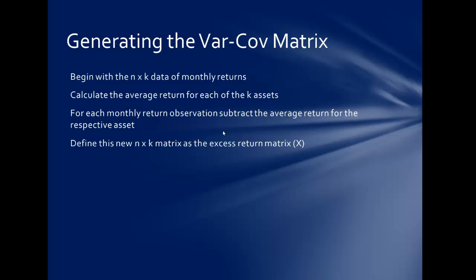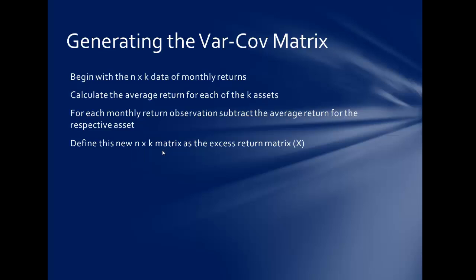What that's going to do is result in an n by k matrix. So if you have 60 months, then you'll have a matrix that has 60 rows. And if you have 10 assets, you'll have 10 columns. In each element of that matrix, you'll have the return to that asset that month minus its average return. Call that matrix the excess return matrix.